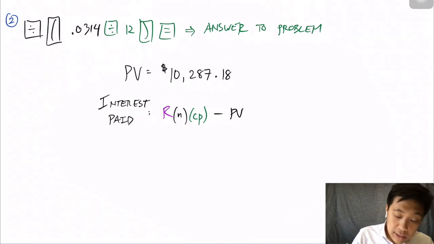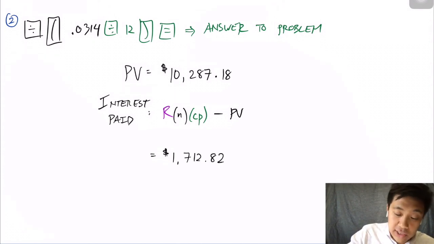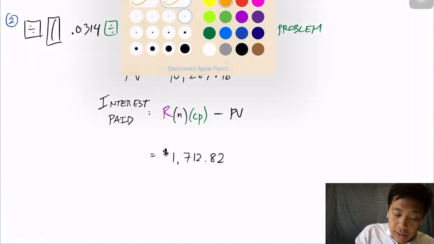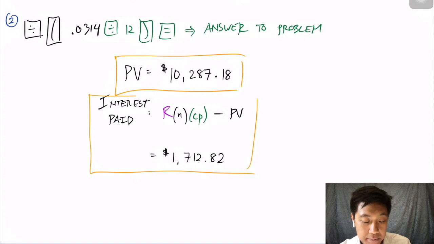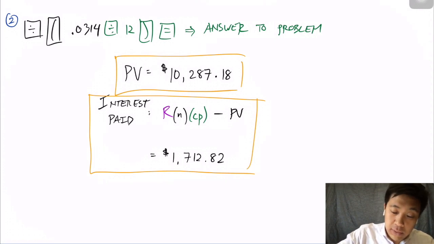So as you can see here, this answer is going to be $1,712.82. Again, this is just the interest paid. In total, you're going to be paying back a lot more. How much more? Well, it's whatever this part is here.